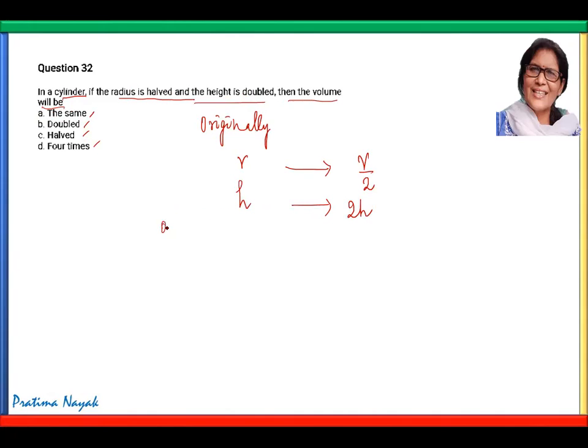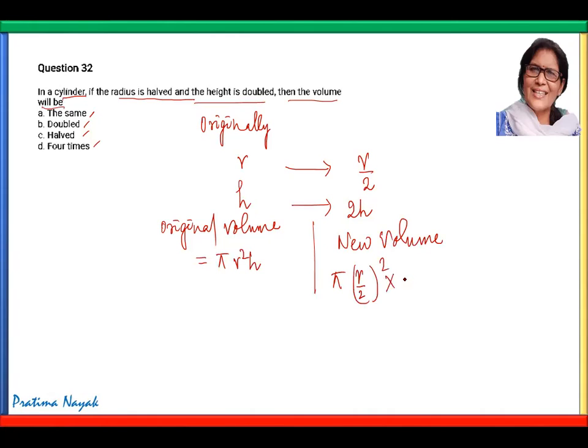So now let us write the original volume. The original volume will be pi r square into h. And the new volume will be pi into (r by 2) square into 2h. Let us simplify.